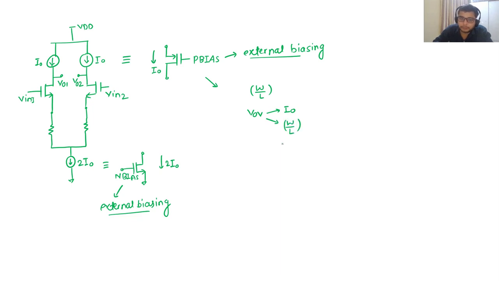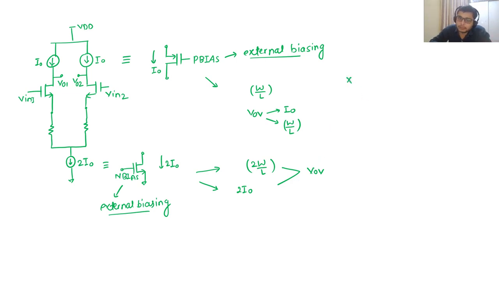Now, if I want the same overdrive for this transistor and I have 2 times the current, then I will simply make it 2 times W/L with 2I0, so that the overdrive is again the same as the previous one where we allowed I0.